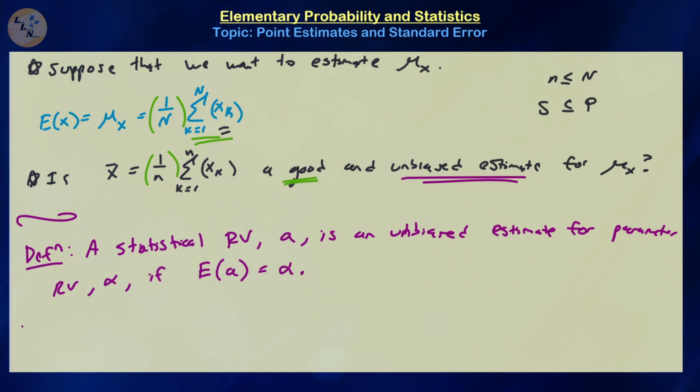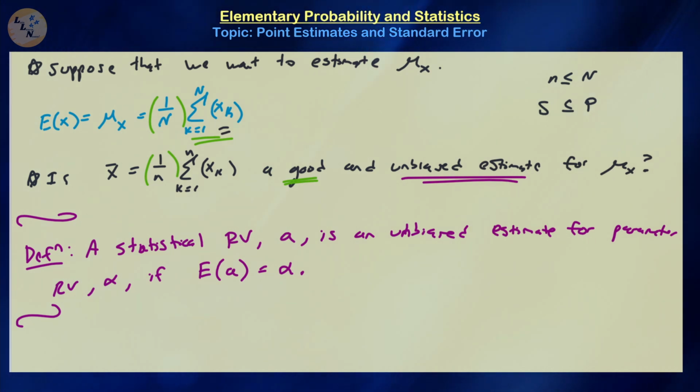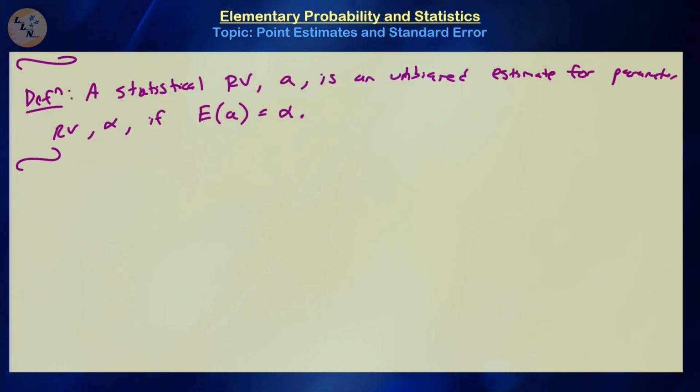So this is more so a theoretical definition, and we can explore how we can use this definition to actually prove that an estimate, for example, x bar, is a good and unbiased estimator for the parameter mu.